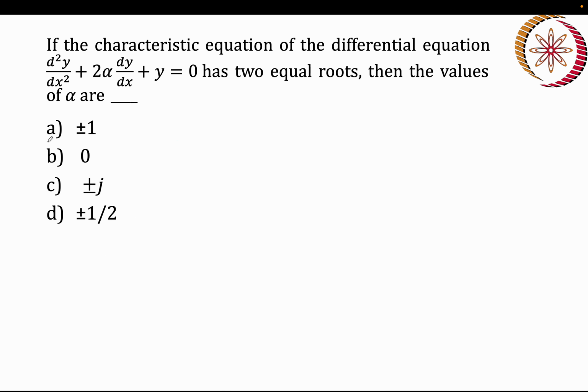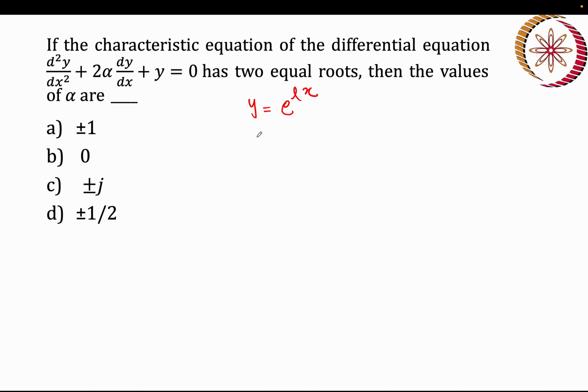Okay, so the next question is, if the characteristic equation of the differential equation has two equal roots, then what is the value of alpha. So here we can say, let's say y equal to e raised to lambda x.